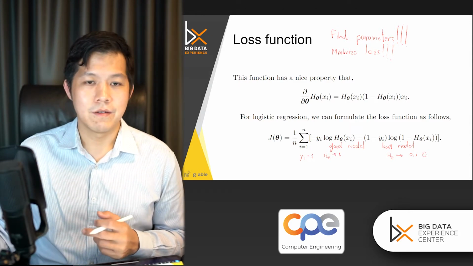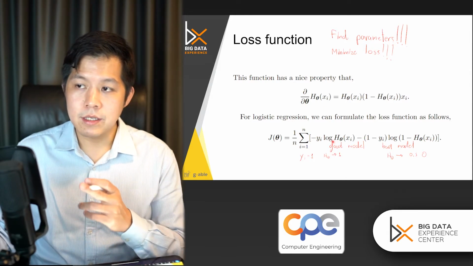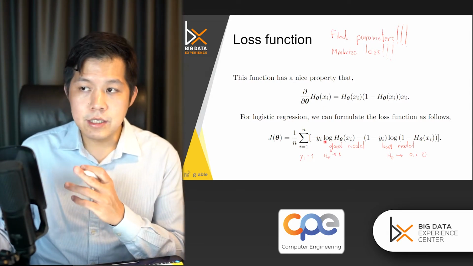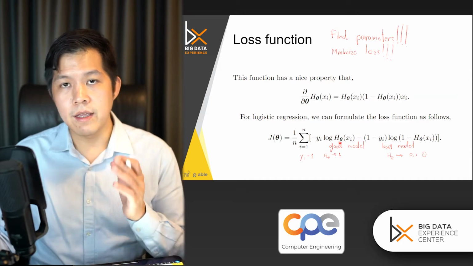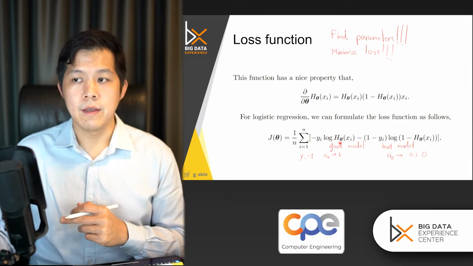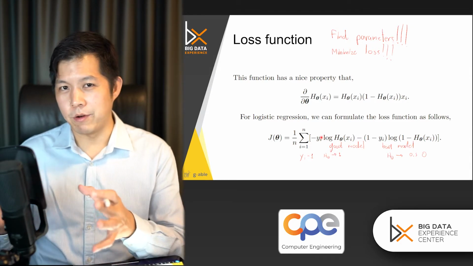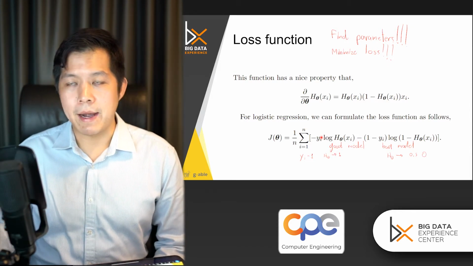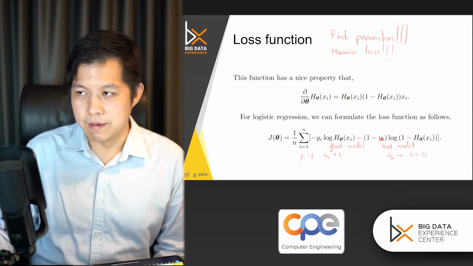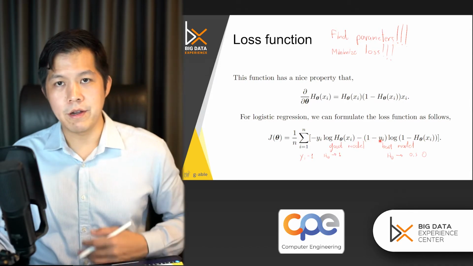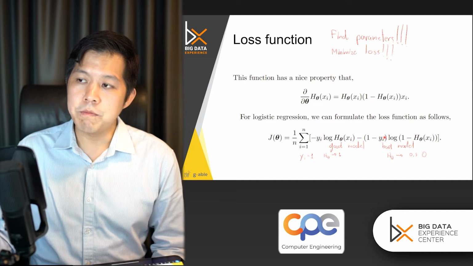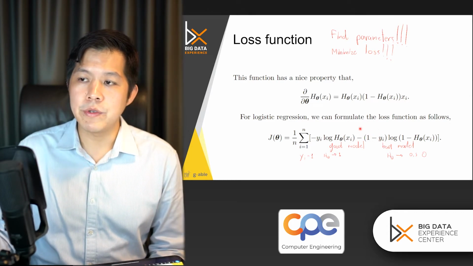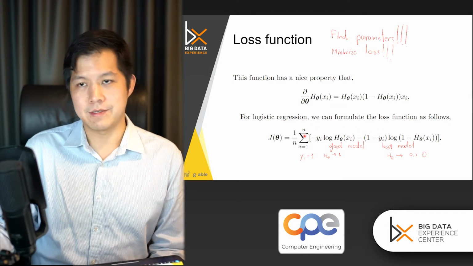That's right. So in the good model case, this would approach 0, and that means this term would approach 0. And in the second term, 1 minus yi, because yi is 1, this would be 0. That means we consider only the first term.